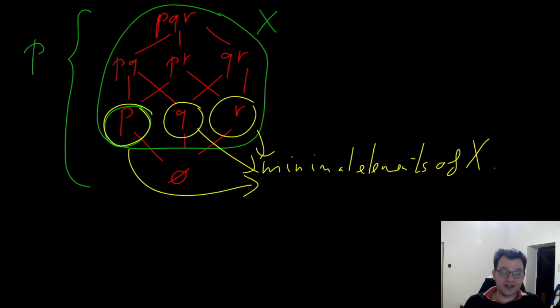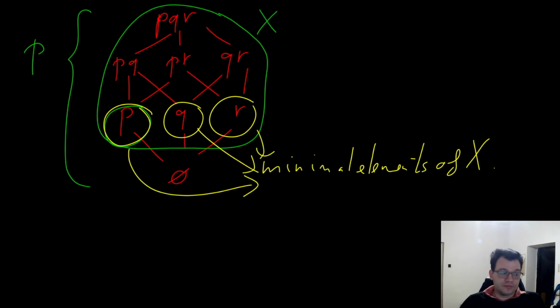Now, the other four are not minimal because, for example, for PQ you can find P, which is strictly smaller and still within X. But in this set there is no least element, because a least element should fulfill the property of being smaller than or equal to all the elements of X. And there is no element which can satisfy this constraint, because, for example, for P, Q is not larger than P, so it's a counterexample.